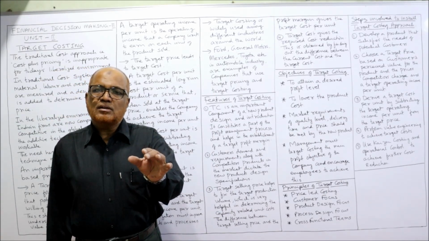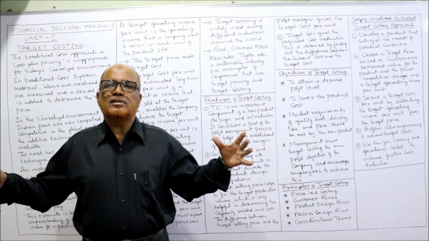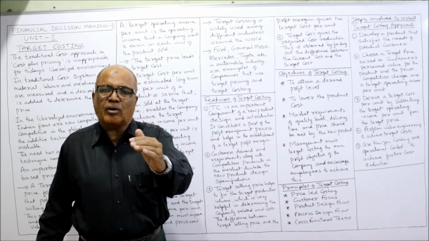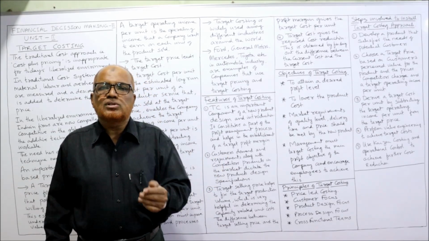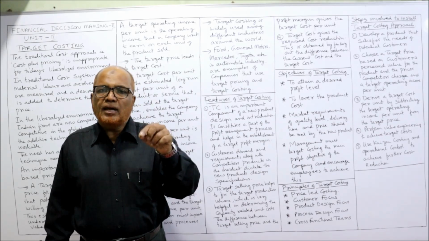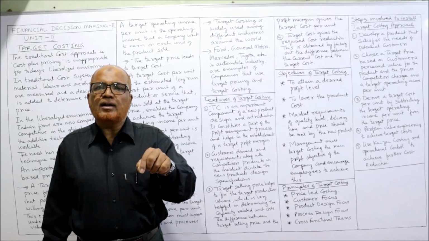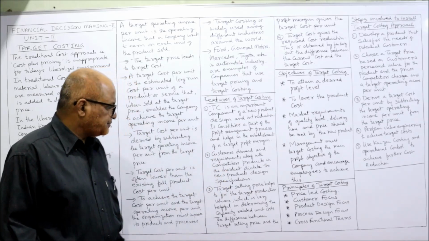The cost depends on production. If you produce more units, normally the average cost will come down, the total cost will come down. If we produce less quantity, the cost of production may go up. So in order to take the advantage of production planning, we need this target costing.